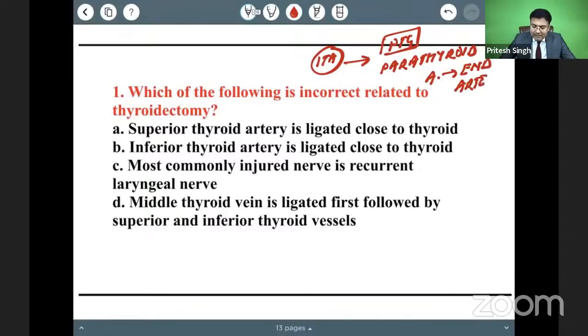So parathyroid artery, it's an end artery. And whenever we are going to ligate inferior thyroid artery away from thyroid, what happens? If you ligate it away from thyroid, it will lead to vascular infarction. And if it leads to vascular infarction, you know that generally after thyroidectomy on 2nd to 5th day, patient is going to develop parathyroid insufficiency.